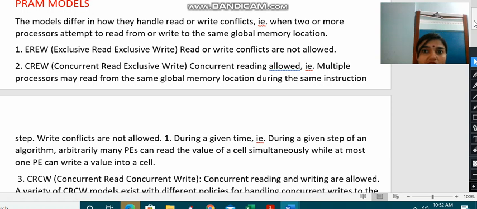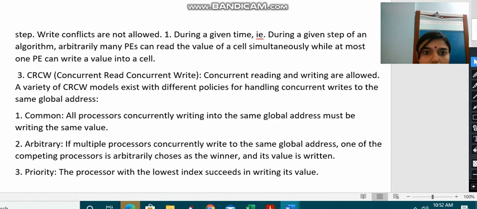Only one processor is allowed to write into the global memory. Here, during a given step of an algorithm, processors can read the value of a cell simultaneously, while at most one processor can write a value into the cell. And the third model is CRCW.